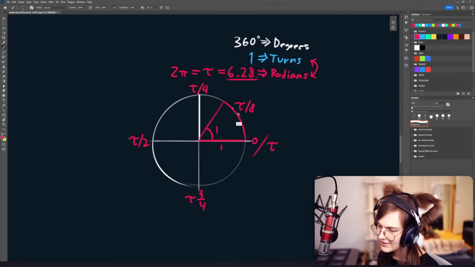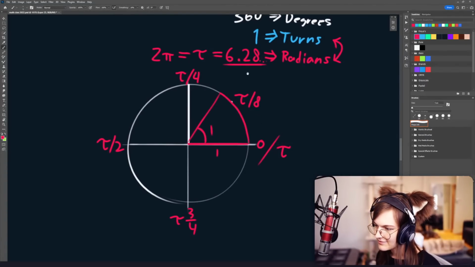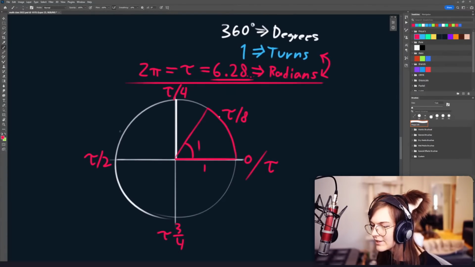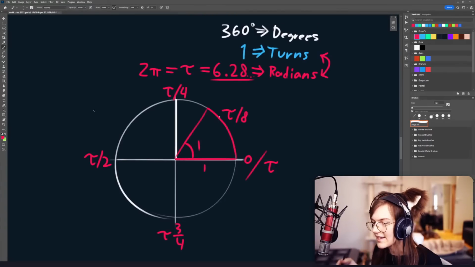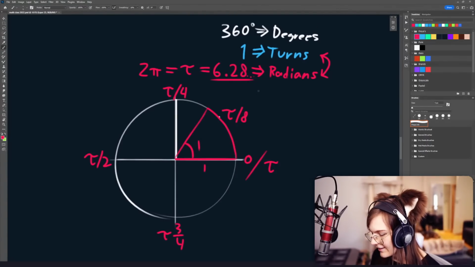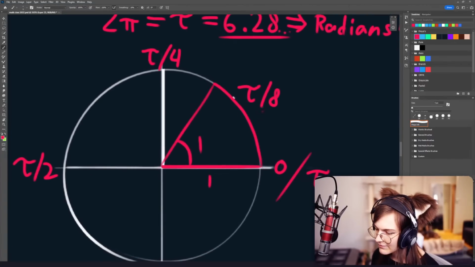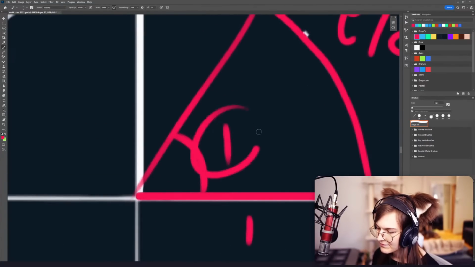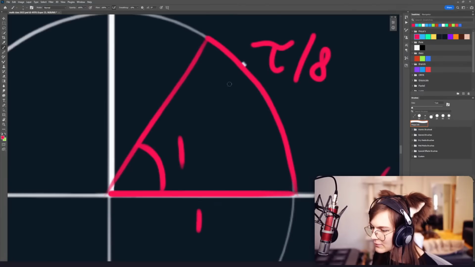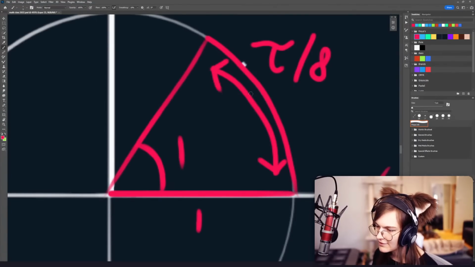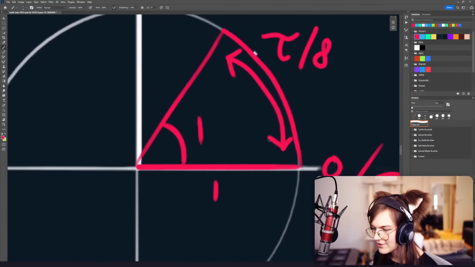And the huge advantage of radians is that radians is one of the most natural ways of measuring angles in math. Because of this special relationship where the angle is equal to the arc length of the angle, assuming you have a unit circle.